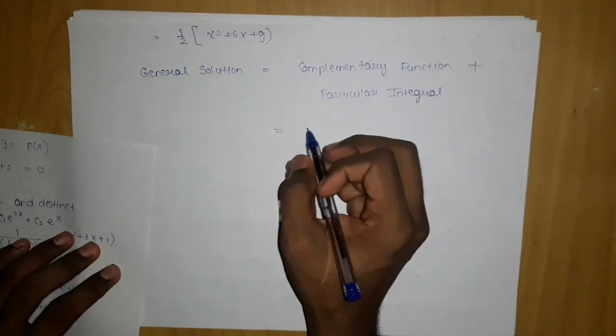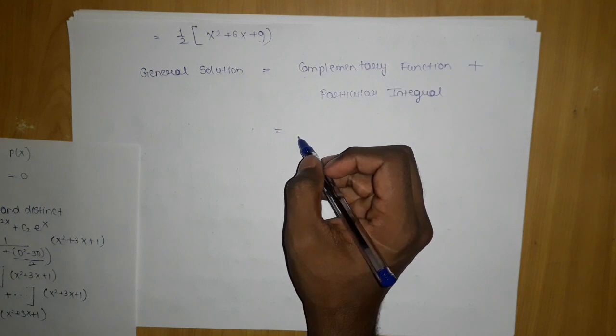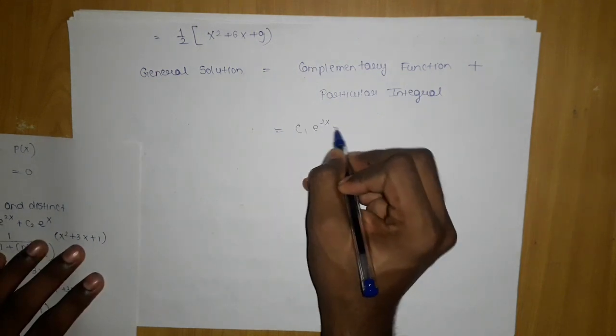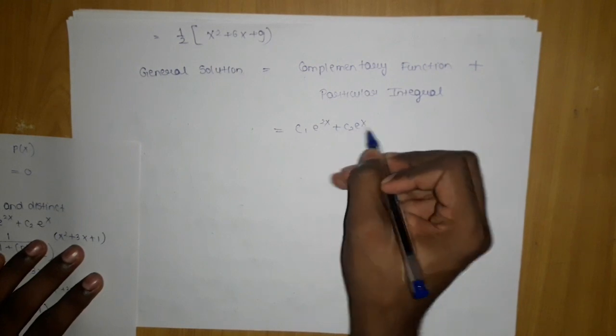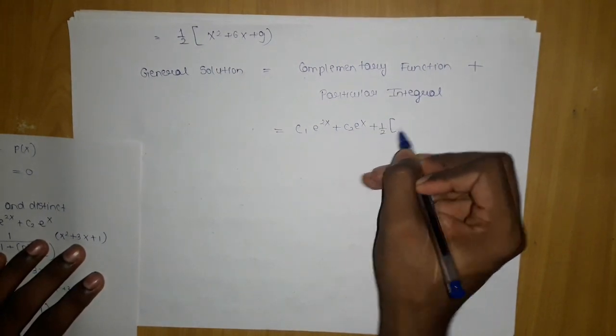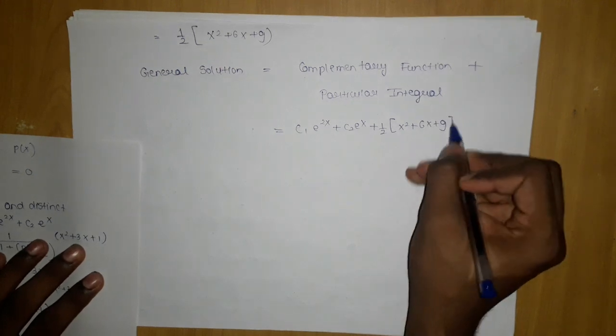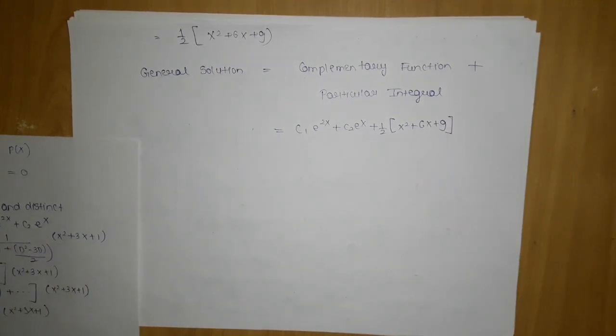The moment you write this, just substitute the things and try to get the answer, which will be c1 e to the power 2x, c2 e to the power x plus 1 by 2 x square plus 6x plus 9. So this is our final answer of the first question.